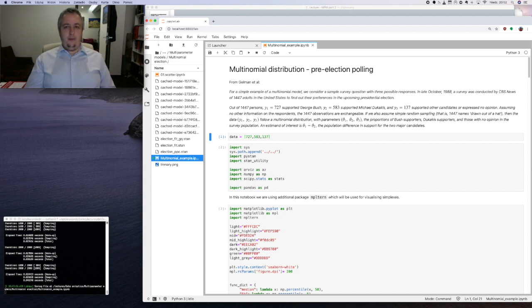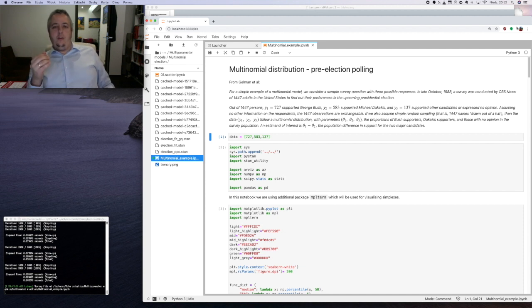Again, this might be ancient history for you, but he was a very important figure at the time, and we have data which is from Gelman's book.